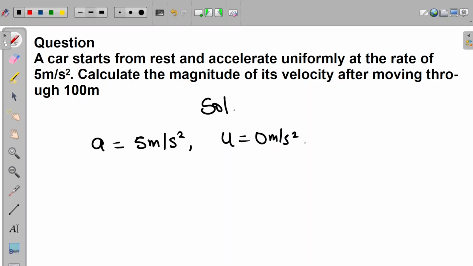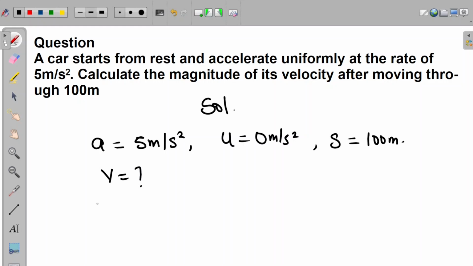And also, the car covered a distance of 100 meters. So distance is given as 100 meters. But we are asked to find its final velocity.